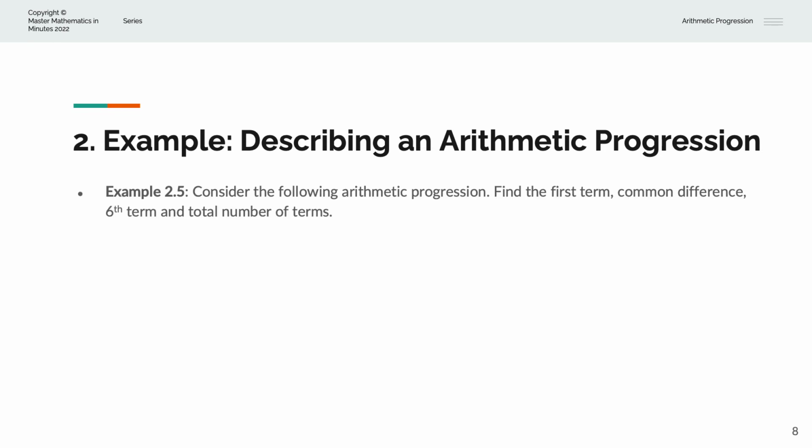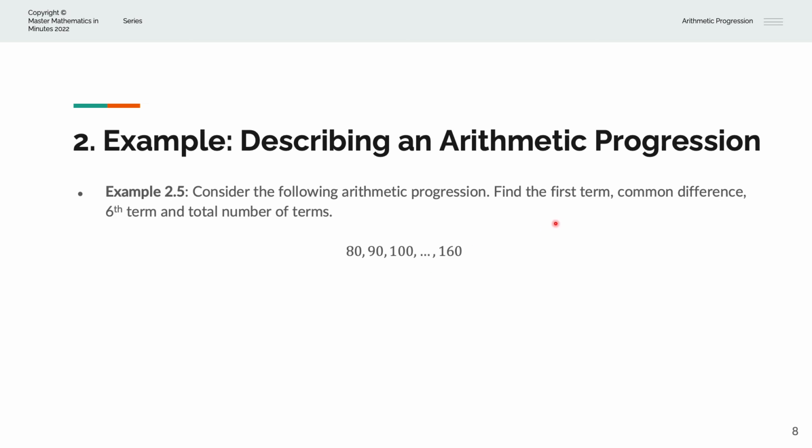In the fifth example, we're given an arithmetic progression: 80, 90, 100 as the first 3 terms, and we're given the final term of 160. Notice that this is an incomplete progression because we're not given the terms in between.